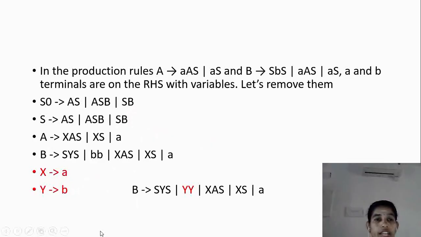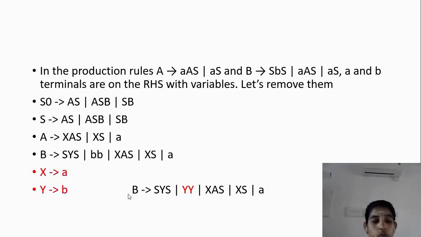Last one, in the production rules, A tends to AS or a, B tends to SBS or AS. Okay, here a and b are terminals. Now we have terminals. On the right side, we must have only non-terminals. Then we want to remove them: X tends to a and Y tends to b. Okay, so now listen to the letters.